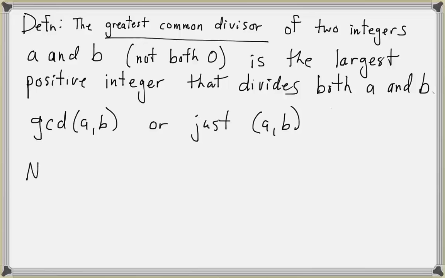Now, as a quick note, the GCD of any two integers a and b will always exist, since 1 is a common factor of every integer.